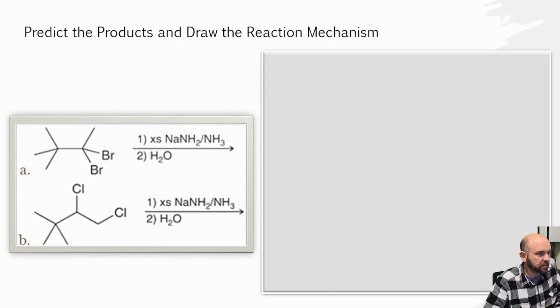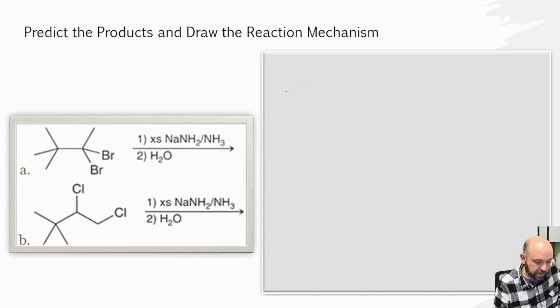So we're going to do some examples here and see if we can draw the two successive E2 mechanisms for the following transformation. In example A, we see that we have this dibromo compound being reacted with NaNH2.